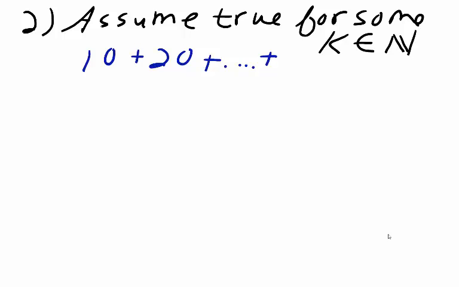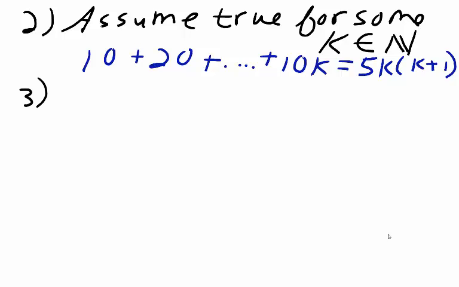So we write our little dots, or ellipses, and then plus 10k, replacing n with k, equal to 5k times k plus 1. In this step, we're simply assuming that the statement is true for some k when we replace n with k, where n and k are both elements of the natural numbers.